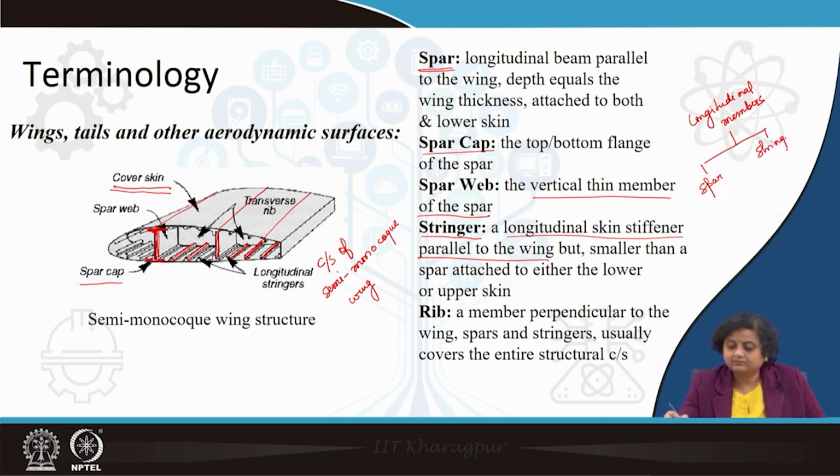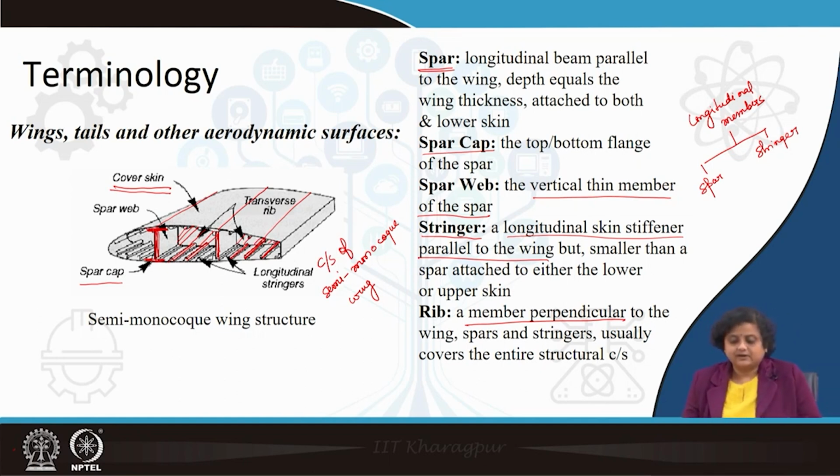Apart from the spar and stringer, there are some transverse members also, which are perpendicular to the length of the beam. This portion, if you can see it, runs along the cross section of the wing.